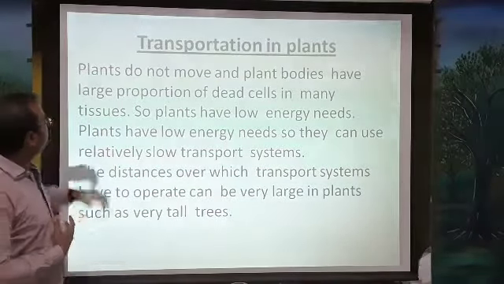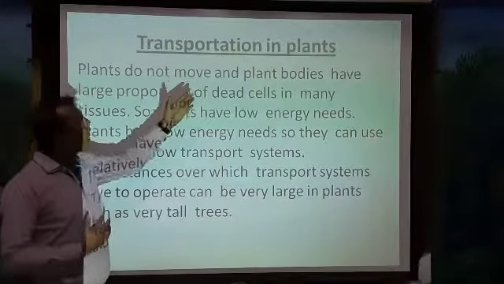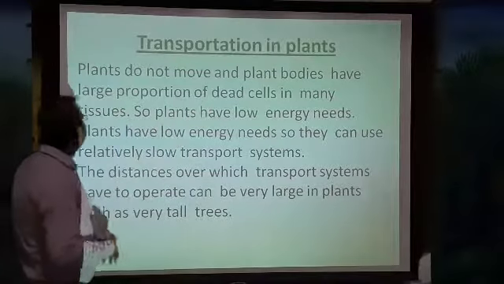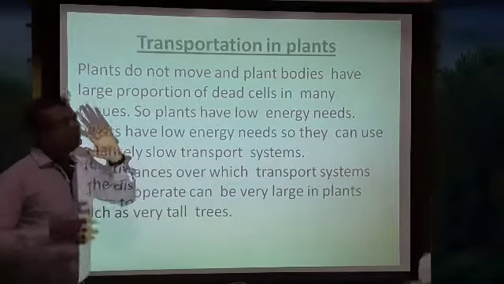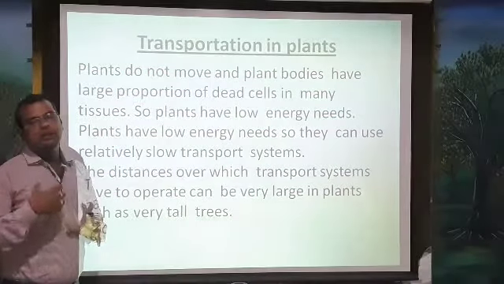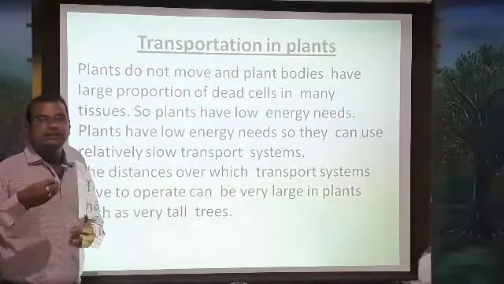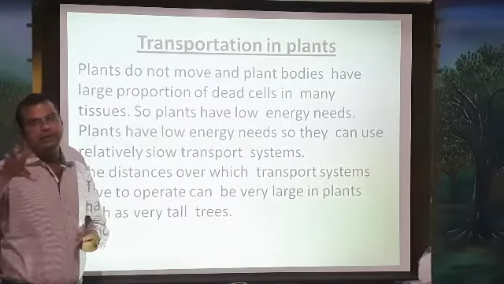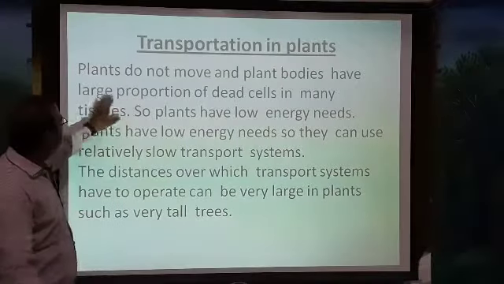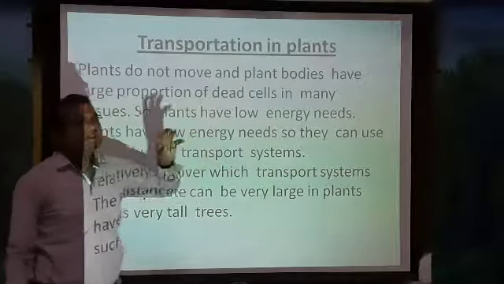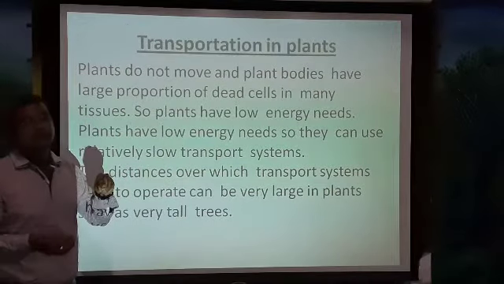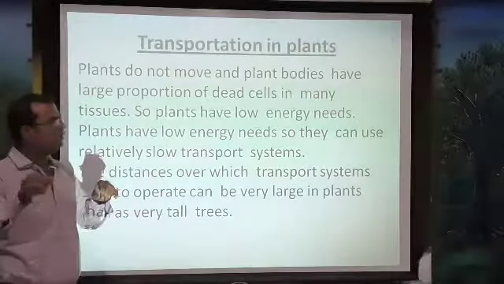We discuss this now. Plants do not move, and plant bodies have large proportions of dead cells in many tissues. Since they are not moving, their energy need is very low compared to animals. Moreover, the large proportion of dead cells also keeps the energy need low.